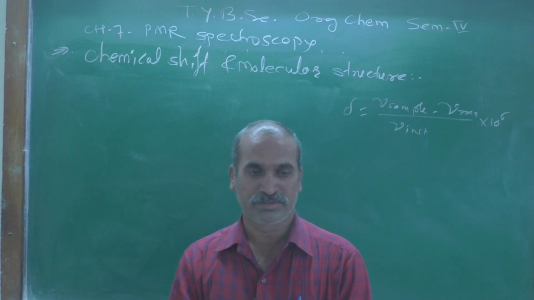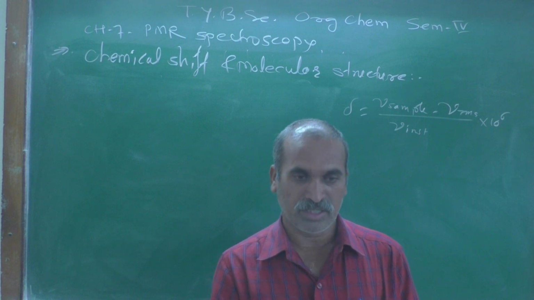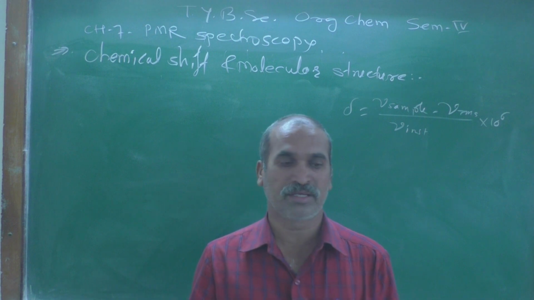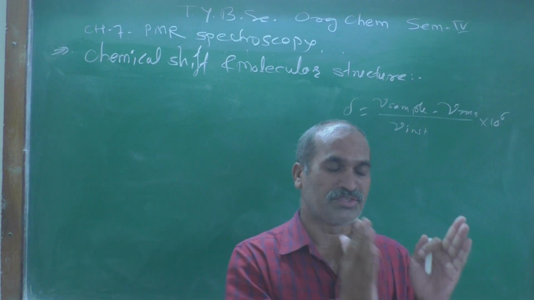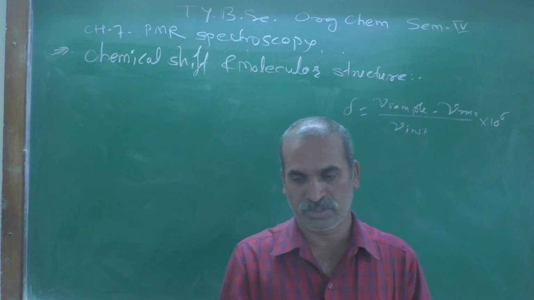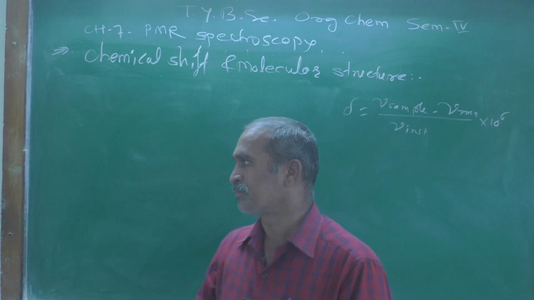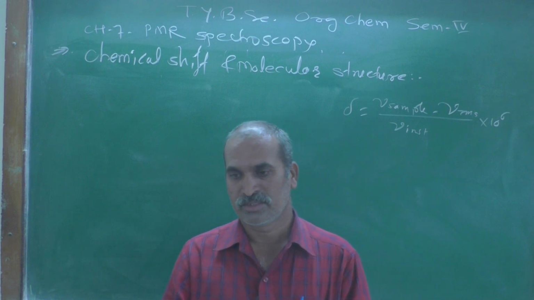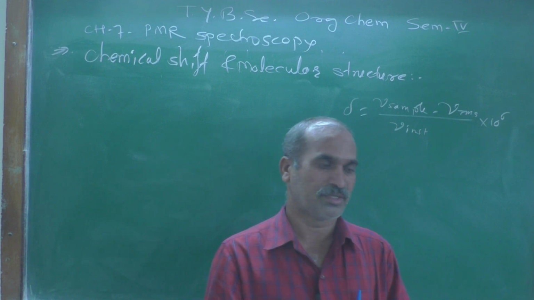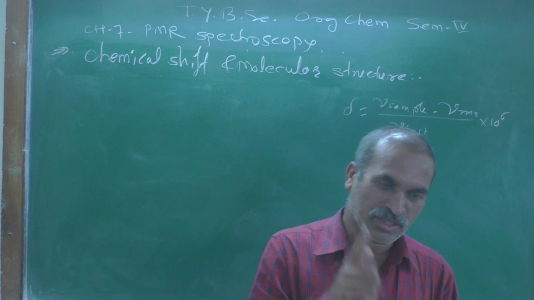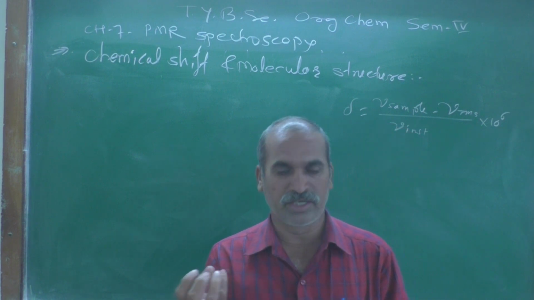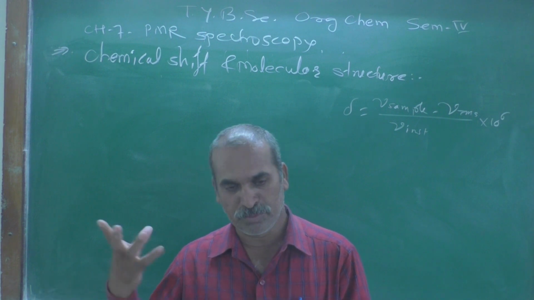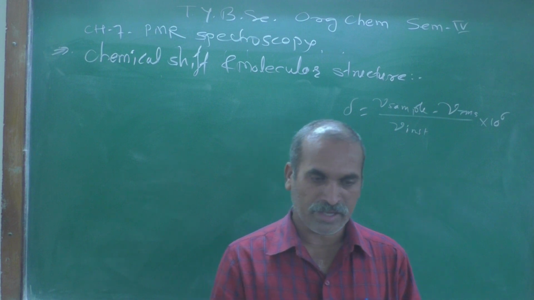Why does this happen? When the external magnetic field is applied, it generates two zones: one is called a shielding zone and the other is a de-shielding zone. When protons fall in a de-shielding zone, the delta value is high.